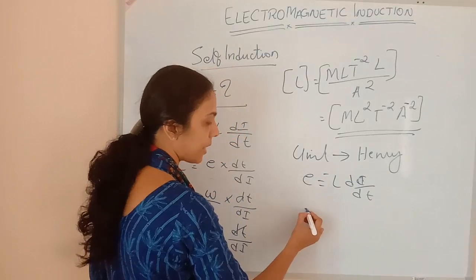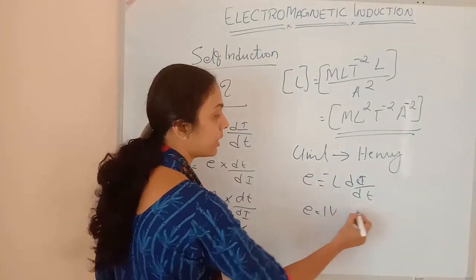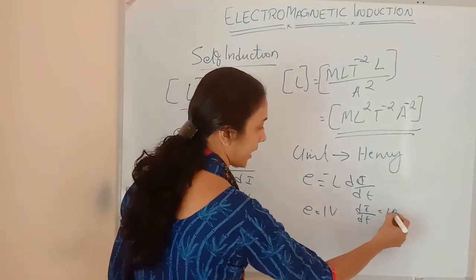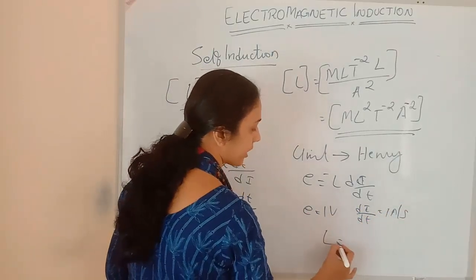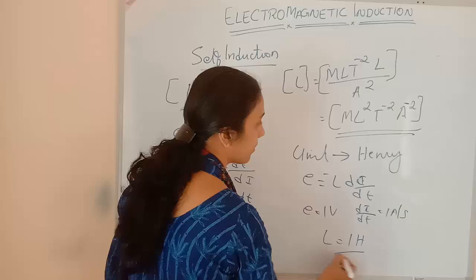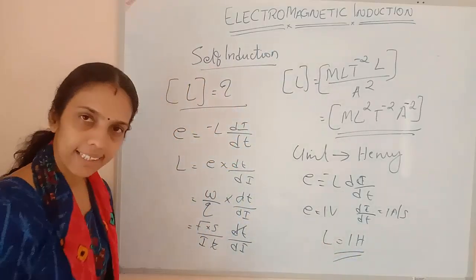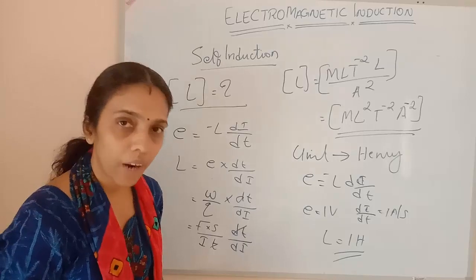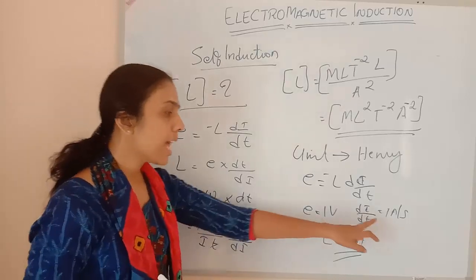When EMF is 1 volt and di by dt is 1 ampere per second, then L is equal to 1 Henry.